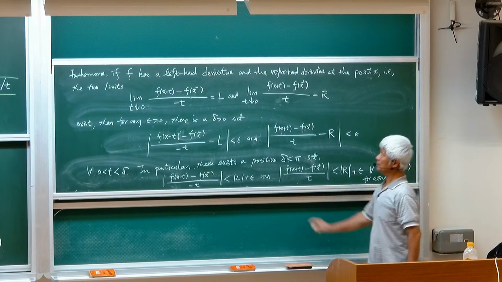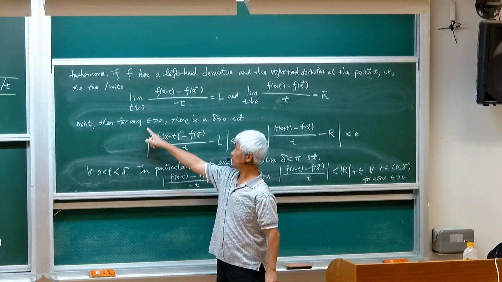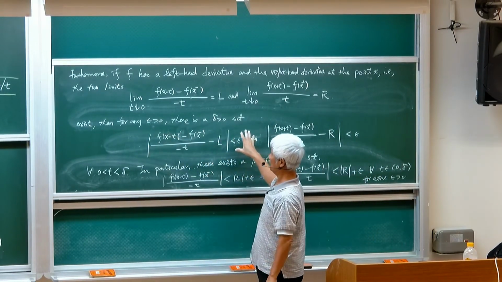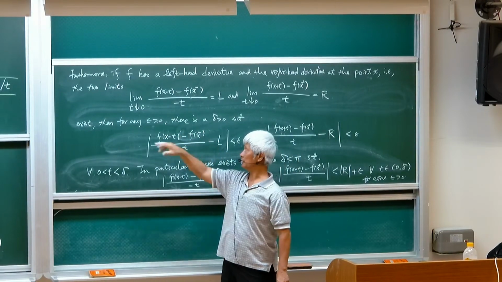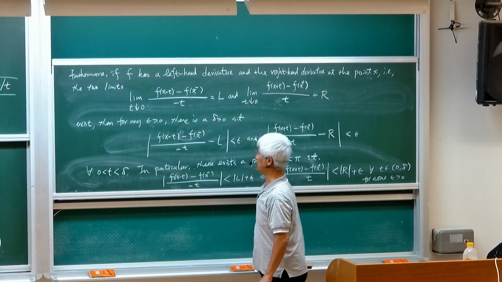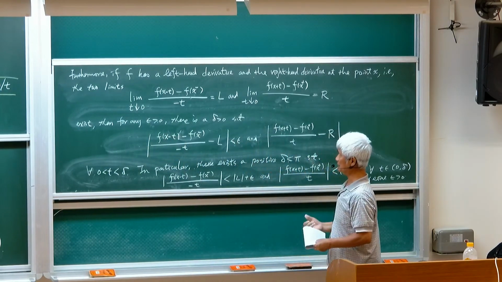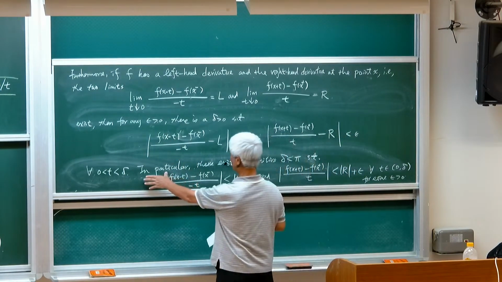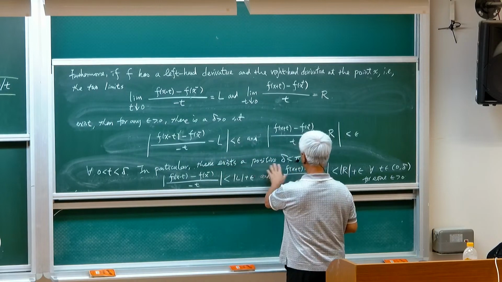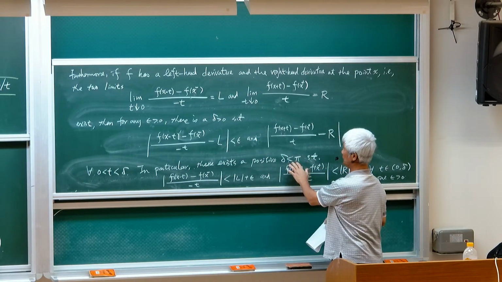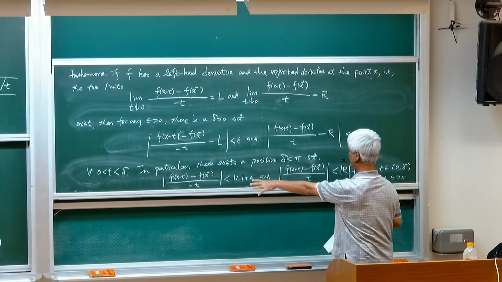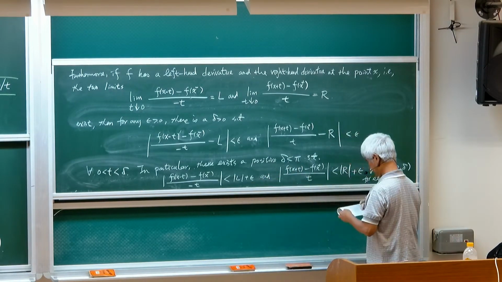You can select an epsilon arbitrarily because this is true for every epsilon, so you just pick one, so that you can find a delta which is smaller than pi and have this inequality here.